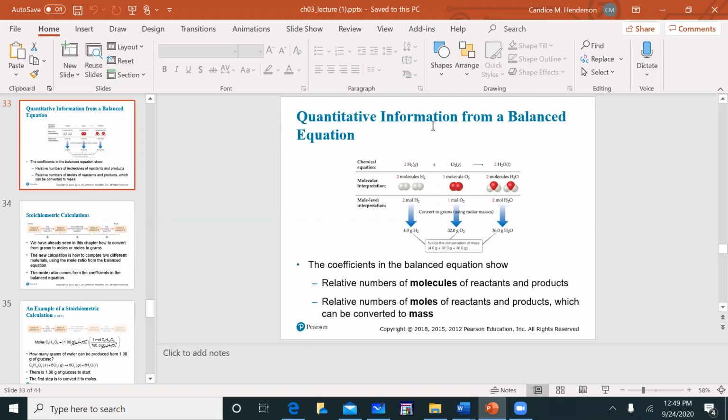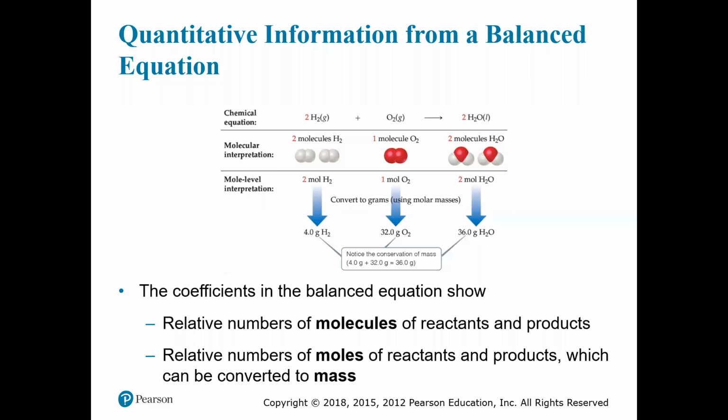When we look at a balanced chemical equation, let me open that up so it's a little bit bigger. Like this one, for instance: 2H2 plus 1O2 gives us 2H2O. The molecular interpretation of that is 2 molecules of H2 combine with 1 molecule of O2 to give us 2 water molecules.